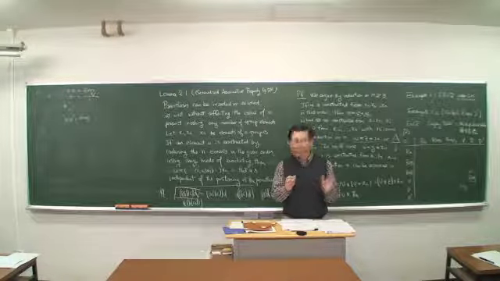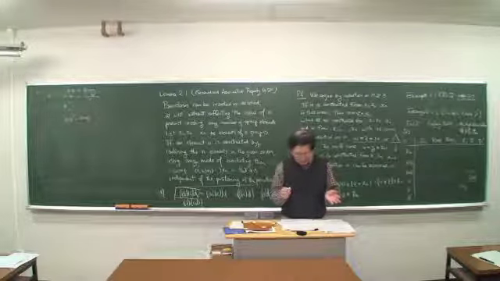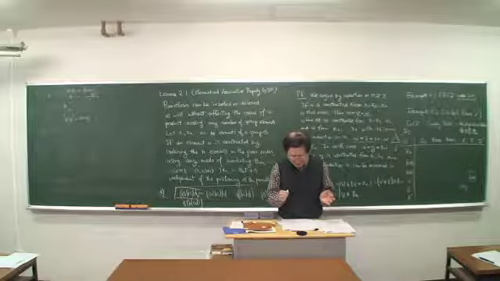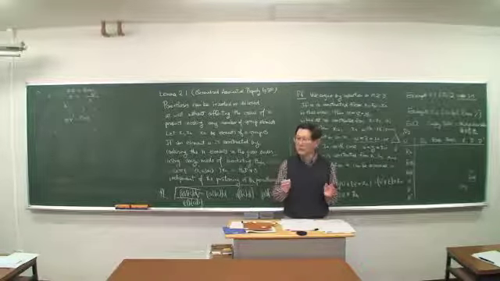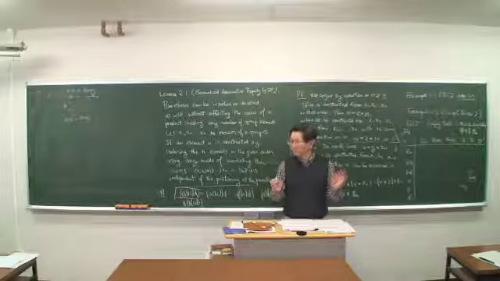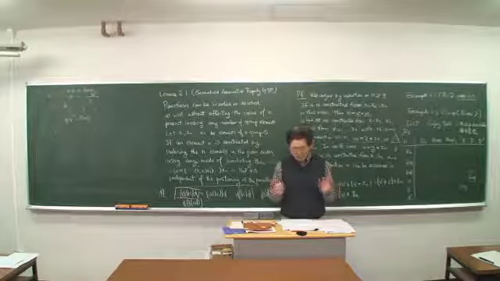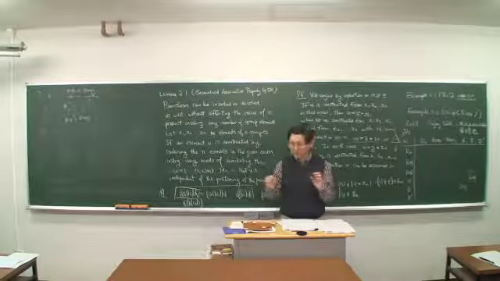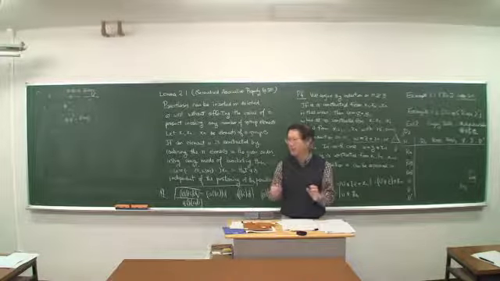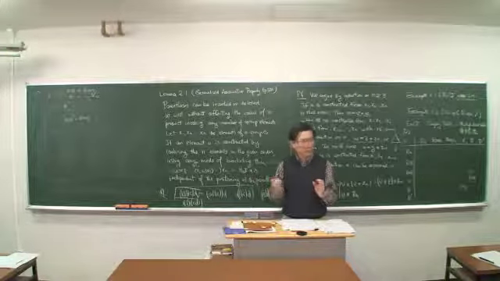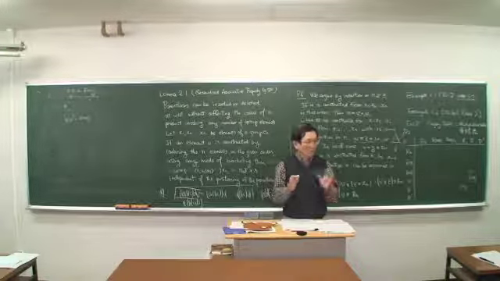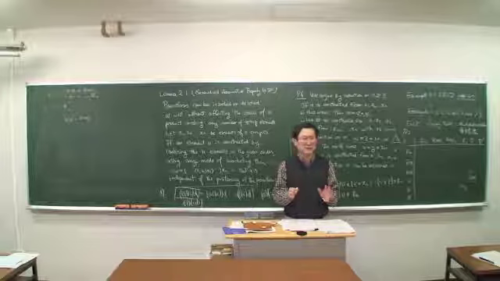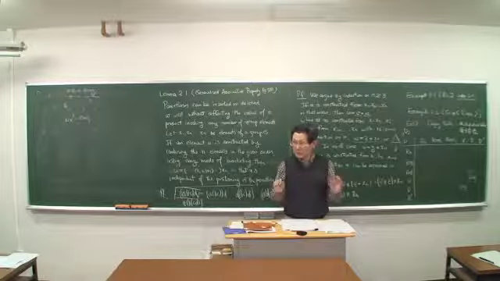For example, R 2 pi over 3 and R 4 pi over 3 are commutative. But since some pairs are not commutative, this is not abelian. In order for the group to be abelian, all pairs have to be commutative.